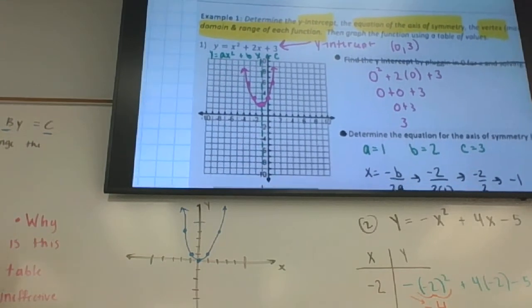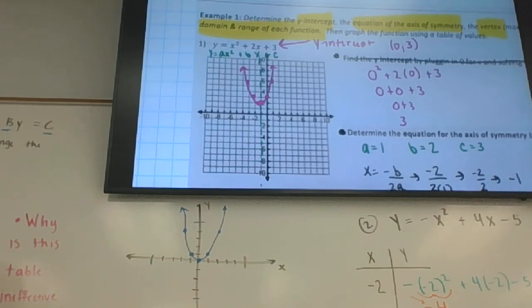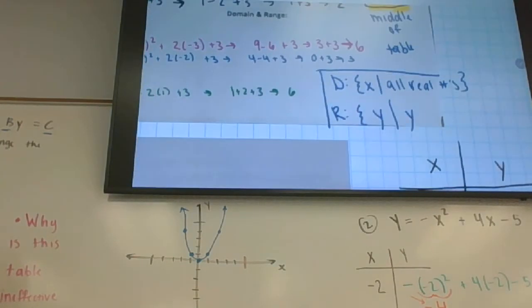Well, it doesn't go below here, right? Yeah, it's everything above 2. So the range is Y is greater than 2. It's always the same as the Y value of the vertex.